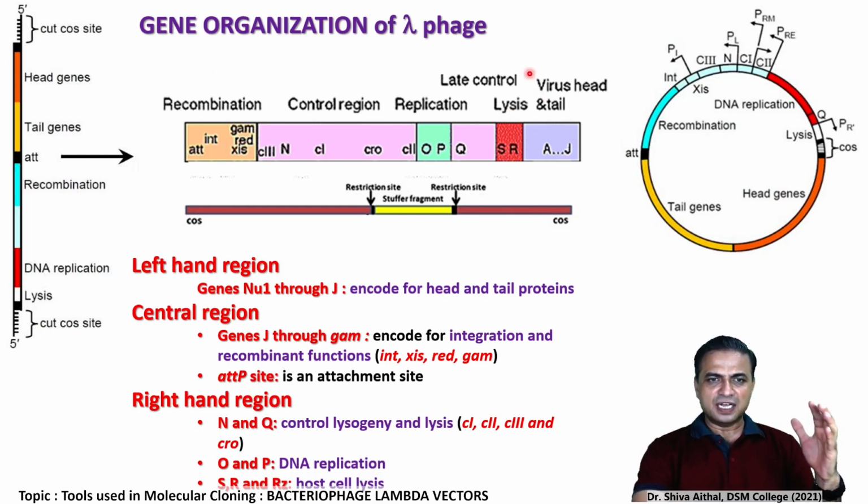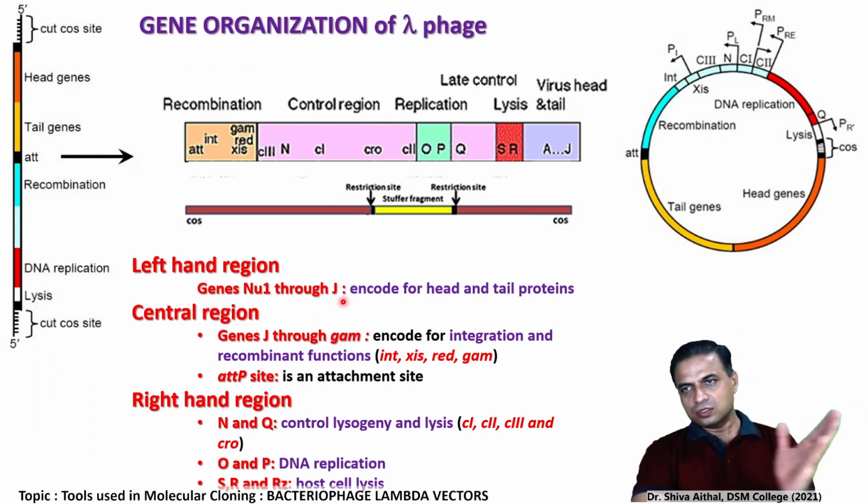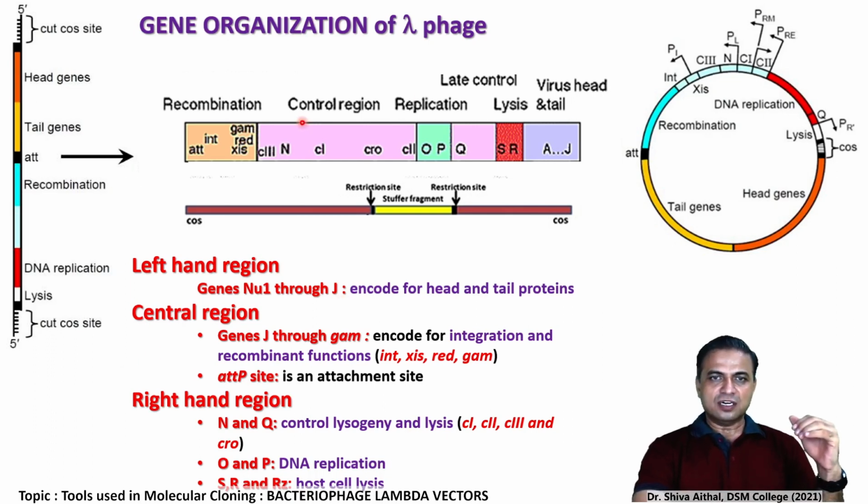The left hand region has genes coding for head and tail proteins. These are called genes Nu1 and A through J. The central region is J through GAM. Here you can see the GAM, which encodes for integration and recombination, and there is an ATT site, which is an attachment site.